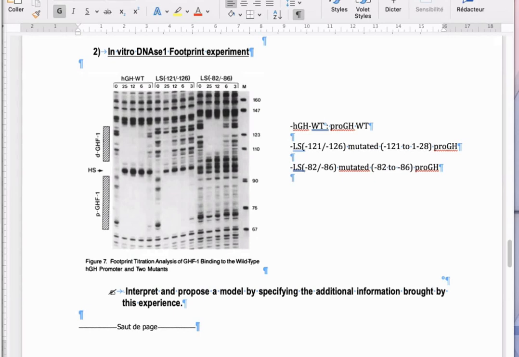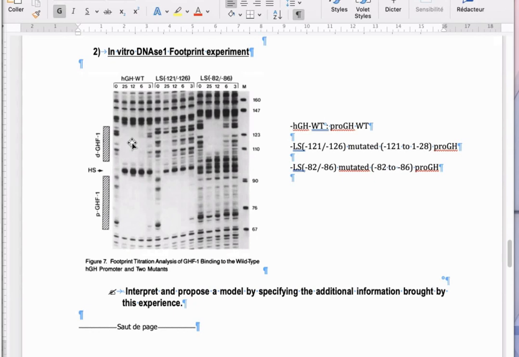I think I can deduce something simple. You don't manage to see the correlation with the previous experiment? Yes, I think that in the first mutant line, where the mutation lies. But first, before the mutant, for the wild type, what can you see? For the wild type, I can see the position where the blue is on the top, and that gap corresponds to the binding site of the blue protein.